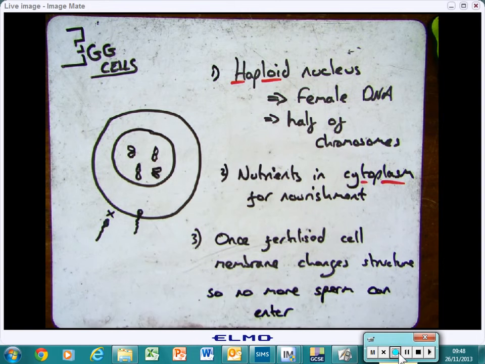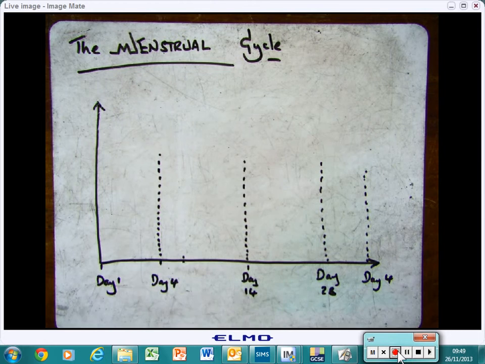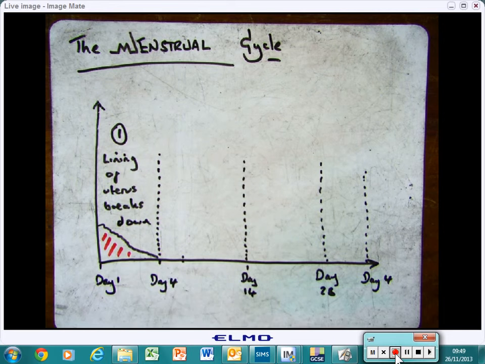Okay, so the next part we're going to have a look at is what happens during the menstrual cycle. So the menstrual cycle is a 28-day cycle that every woman goes through. It starts off with the lining of the uterus breaking down. That is stage 1. Now when this breaks down, the body produces FSH, which is the follicle stimulating hormone.